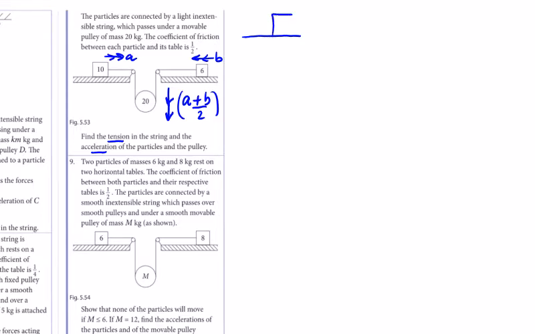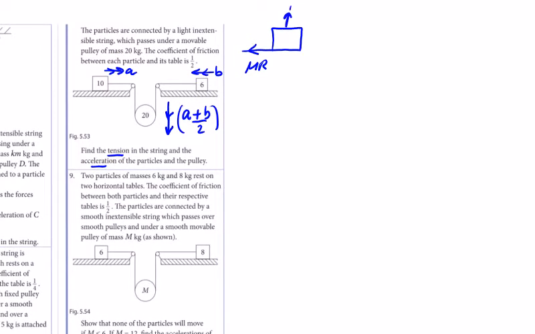We're told there's a coefficient of friction, so we have mu R going in this direction. I have my reaction, and mg, which is 10g for this 10. I'm moving in this direction with a, and I have this tension in the string. So I start by saying R is equal to 10g.